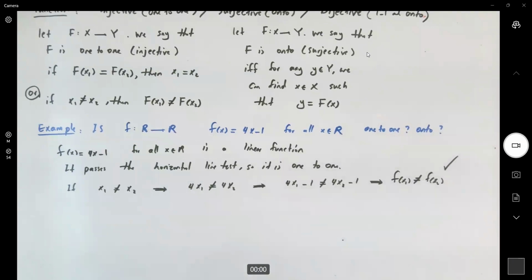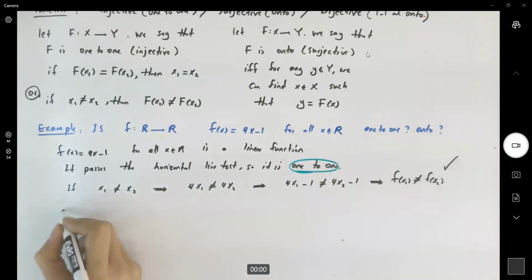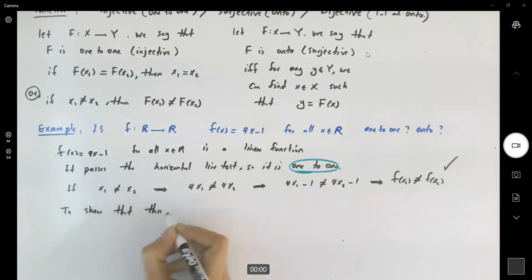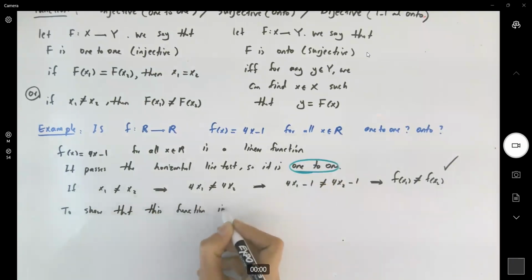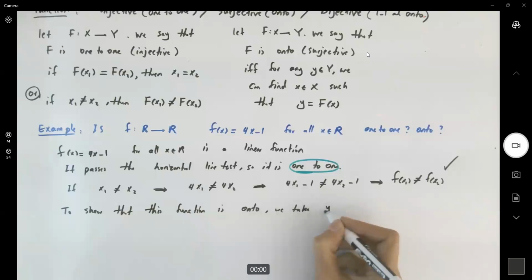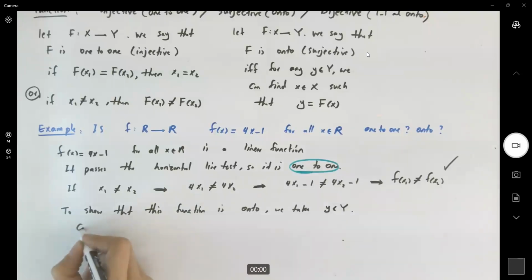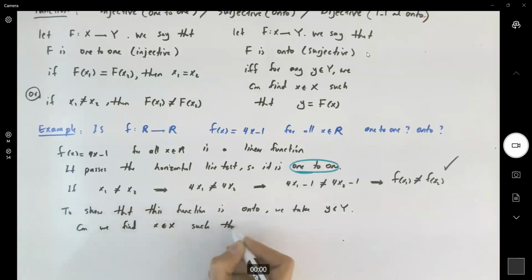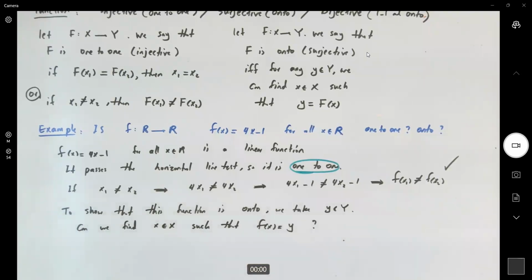Now for being onto. So here we just showed that this is one-to-one. To show that this function is surjective or onto, we take y belongs to Y, which is R. Can we find x in X such that f of x is equal to y? Well, let's check the definition of this function.